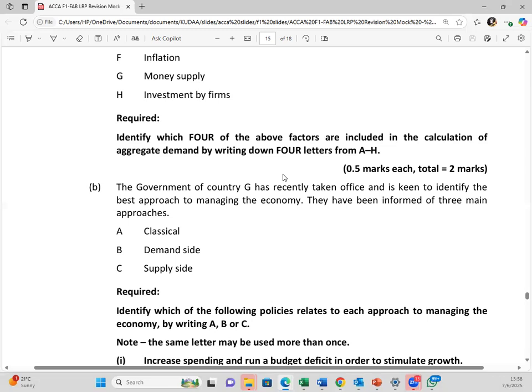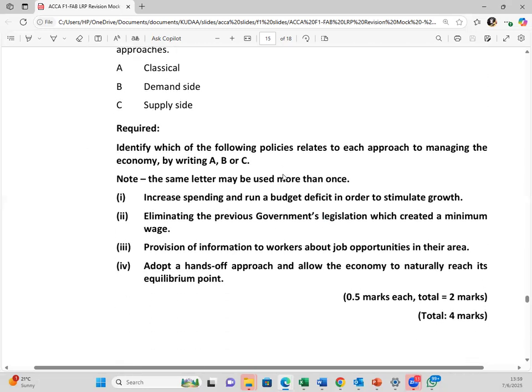Then the supply side says, no, remove market imperfections, remove things that can prevent supply of goods. Once it's easy to supply, more firms are going to supply and the economic activity is going to boost. So that's the supply side. Then now applying that, identify which of the following policies relates to each approach of managing the economy.